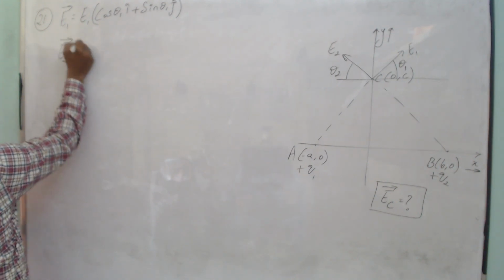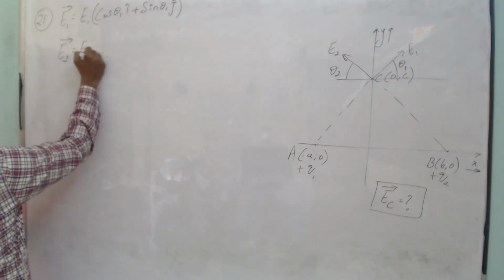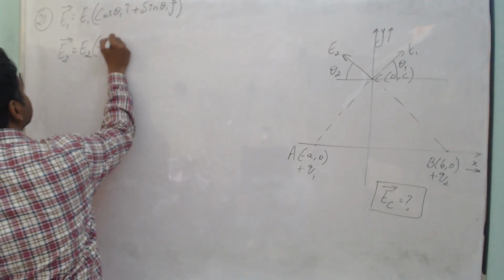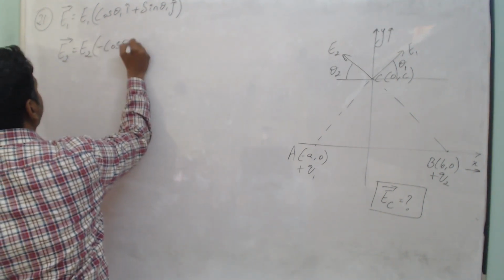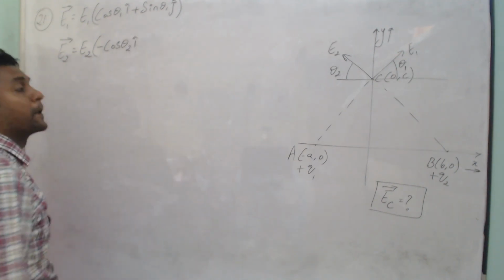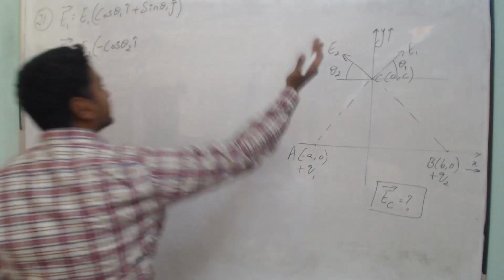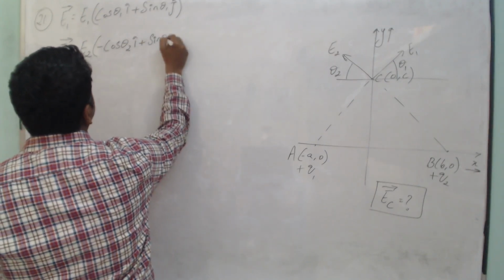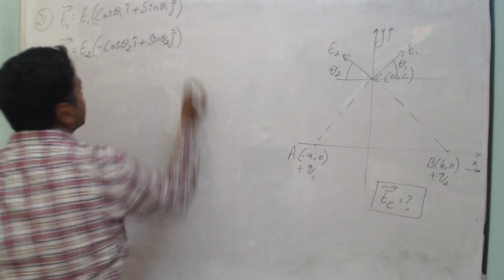What is E2 bar? E2 times minus cos theta 2 i cap plus sine theta 2 j cap. We are only doing vectors.